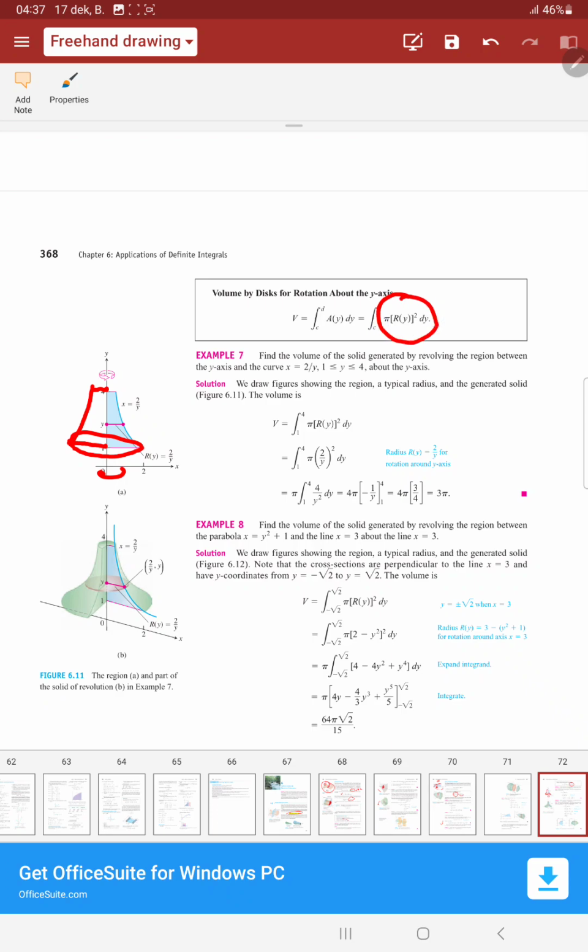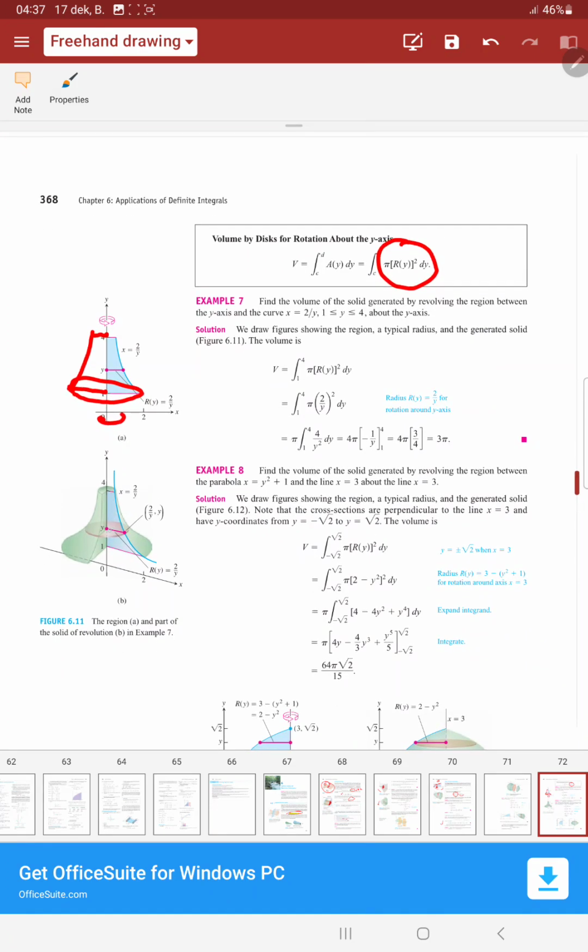And now it will be pi r squared in terms of y. The radius will be parallel to the x-axis, and when we rotate it by the y-axis, we won't have x, it's 0 because it's parallel to the x-axis.